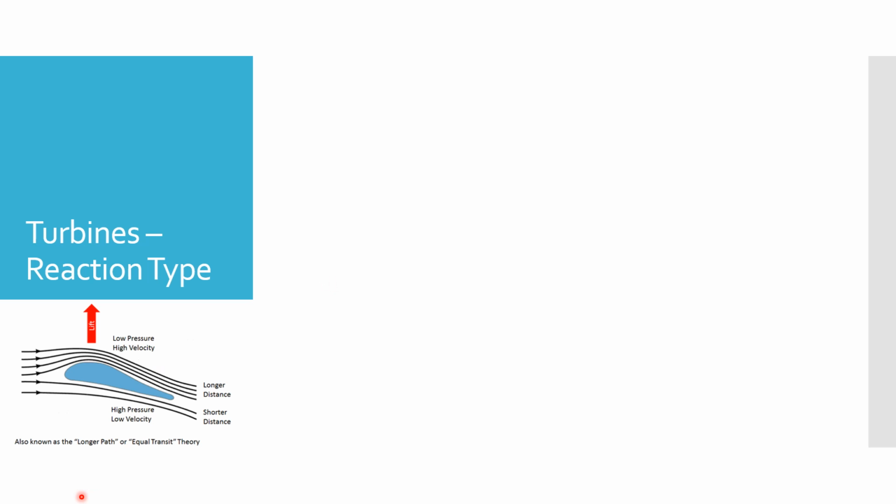So let's assume that this is the blade of the turbine, and water is incident on this blade in the direction as indicated here. The shape of the blade is such that a portion of the water flows on top of it, and the portion which flows on top attains a higher velocity as compared to the portion of the water flowing from the bottom of the blade.